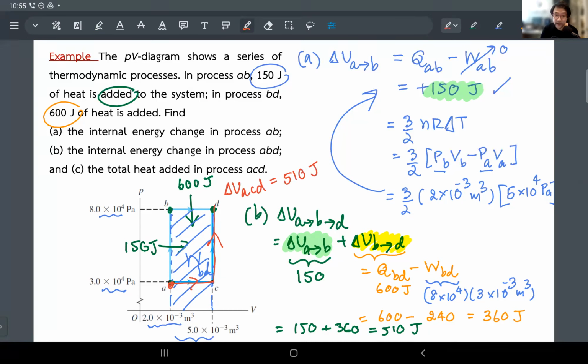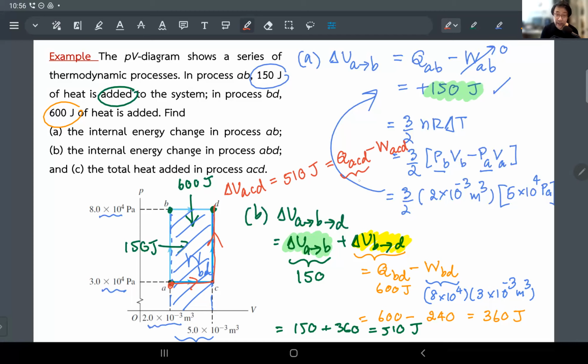Almost done. Once again, you apply the first law of thermodynamics. Delta U is supposed to be equal to the heat from A to C to D, subtract out the work from A to C to D done by the gas. Yes? All right, so this is the answer you want.